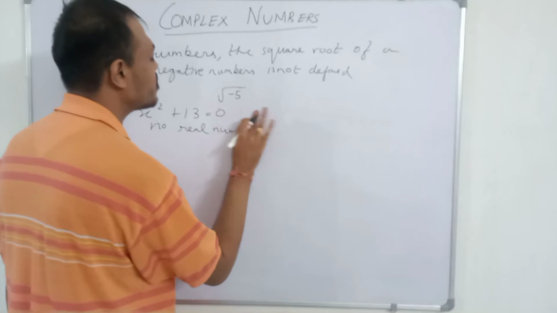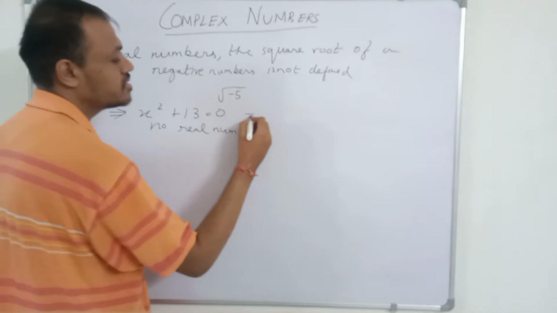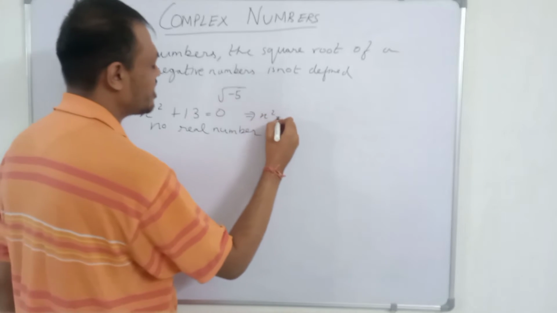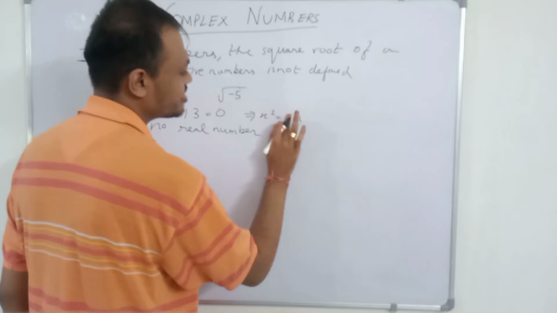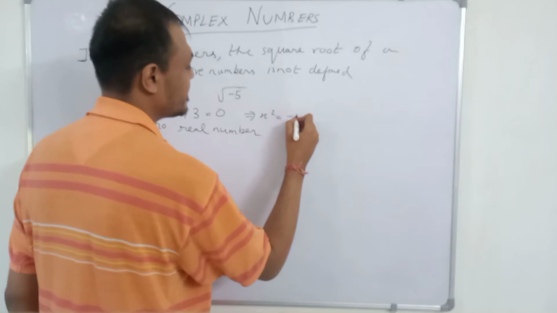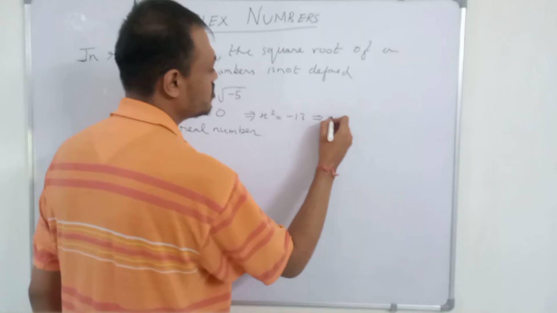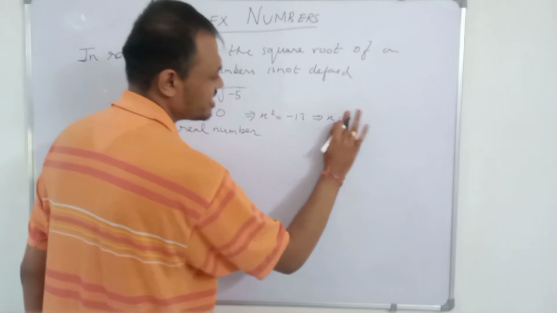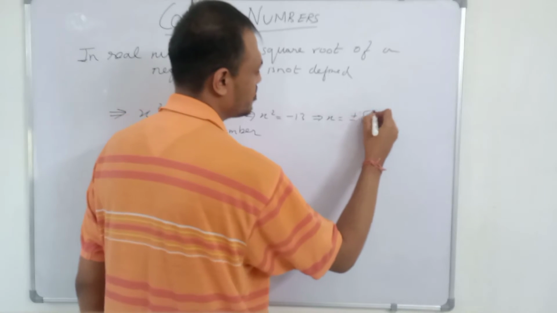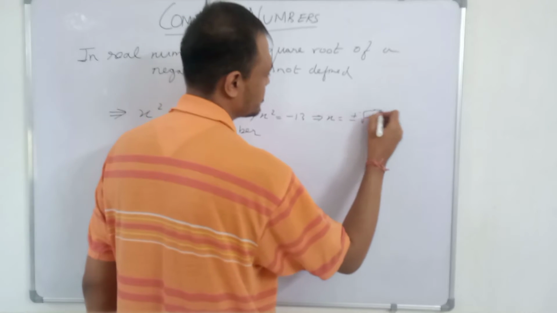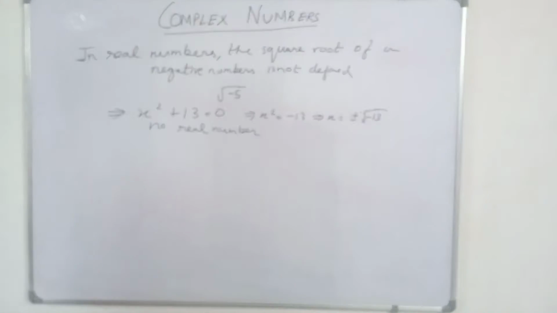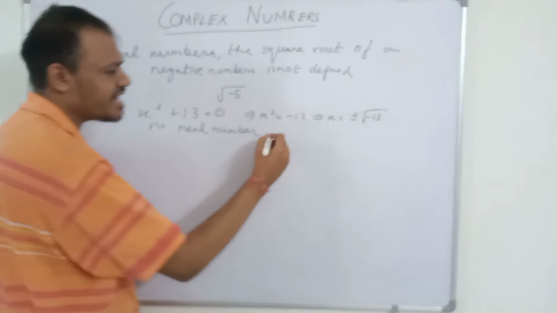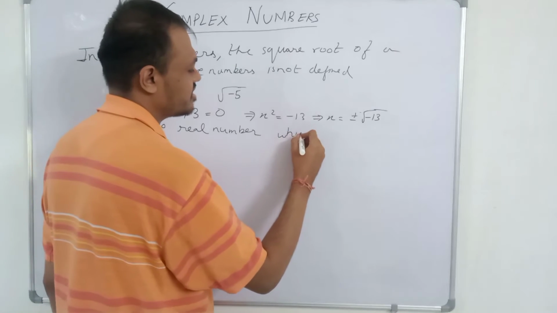Because when we solve it, we get x square is equal to minus 13. So x is equal to plus minus under root of minus 13. So root of minus 13 does not exist.